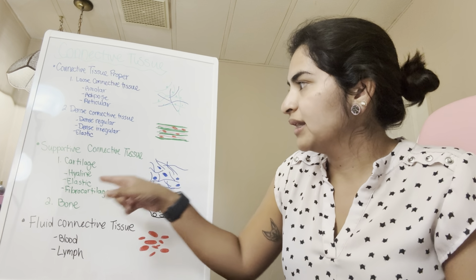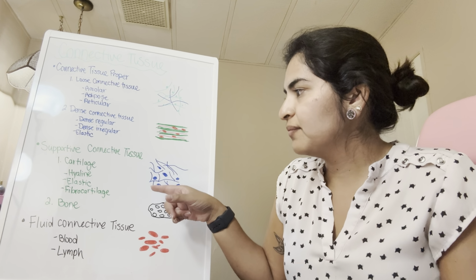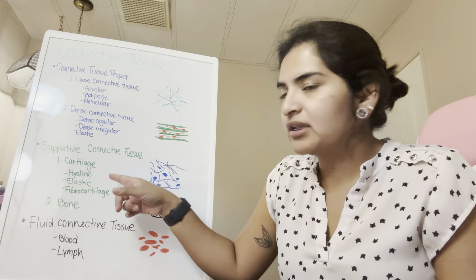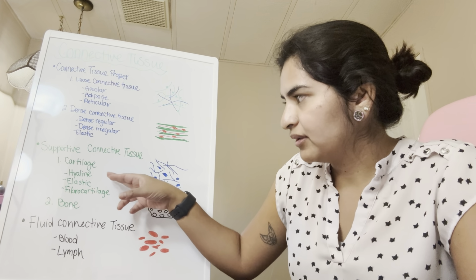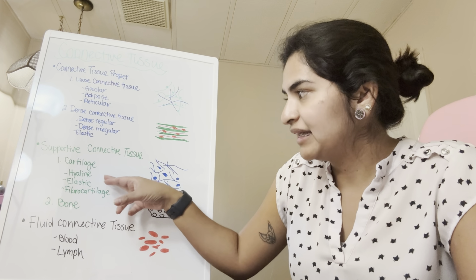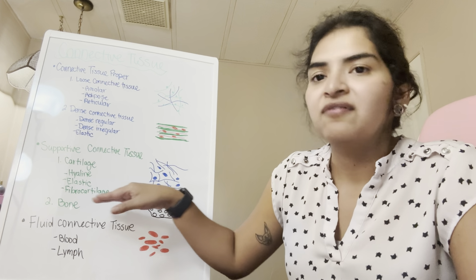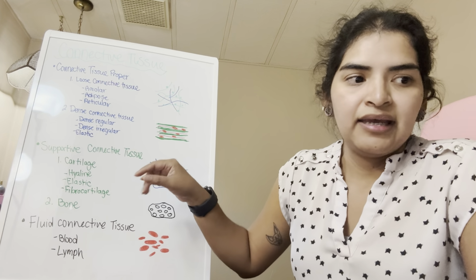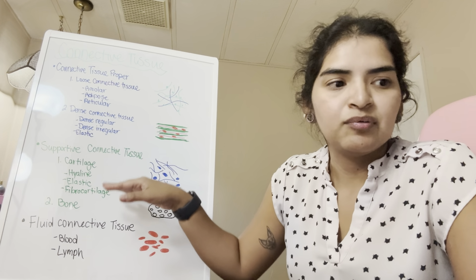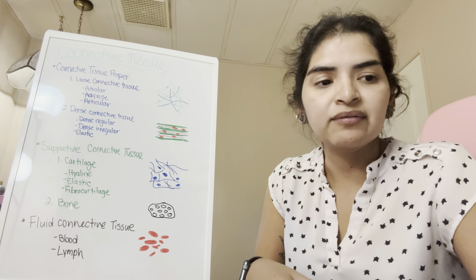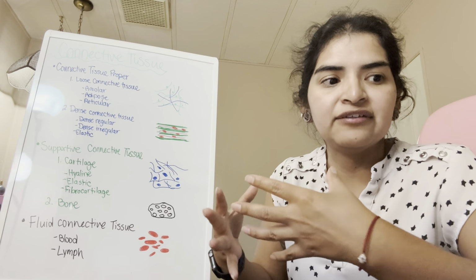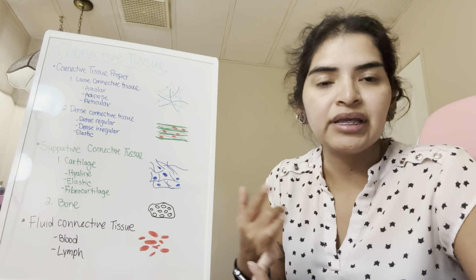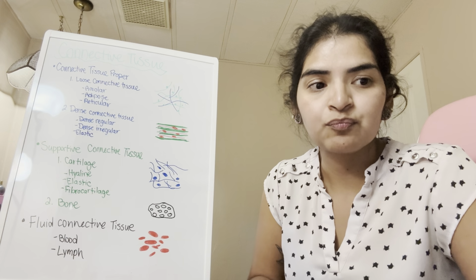And then for the supportive connective tissue, we have the cartilage tissue, and then the subtypes are the hyaline, elastic, and fibrocartilage. And the hyaline supports smooth movement of the joints, and so it is found in the nose, in the trachea, and in the ends of the bones.